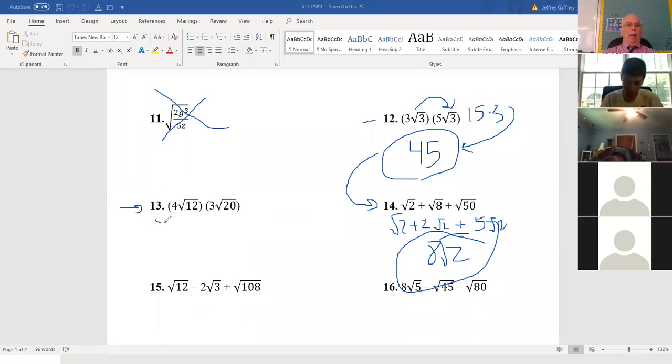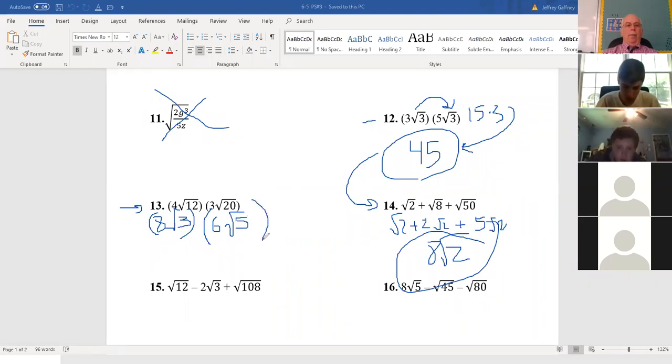So this now can be simplified to 8 radical 3, even though it doesn't look like it. And then this 20 is 4 times 5. There's that 4 again, which we love, which can come out from the radical as a 2. So now I've got 6 radical 5.